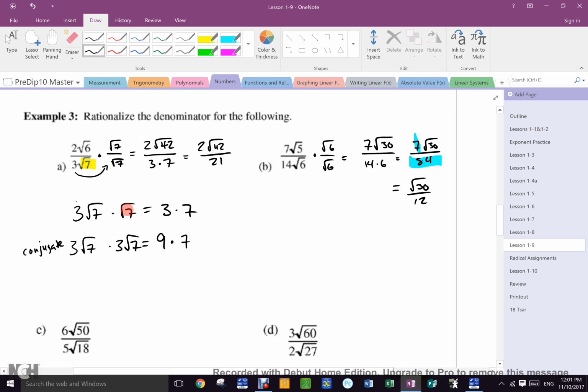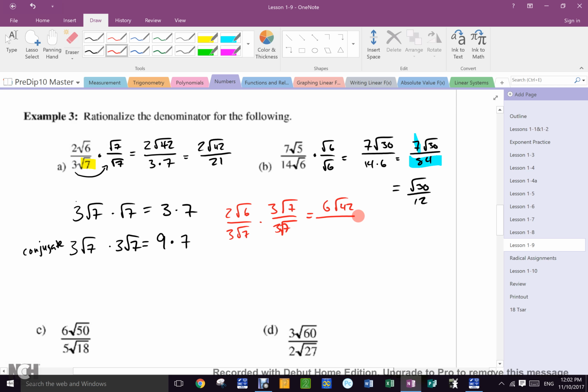Okay? Now, look at what would happen if we did this one fully. We'd have 2 root 6 over 3 root 7, and if I multiply by 3 root 7 over 3 root 7, then I would have 6 root 42, right? Over 3 times 3, which is 9, times 7, which is 63, yes?